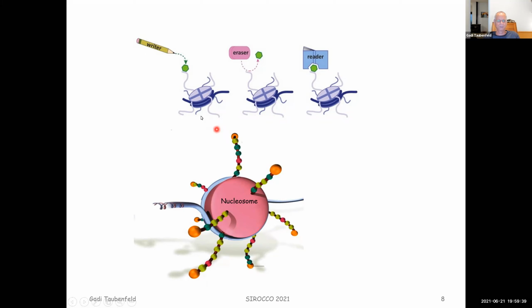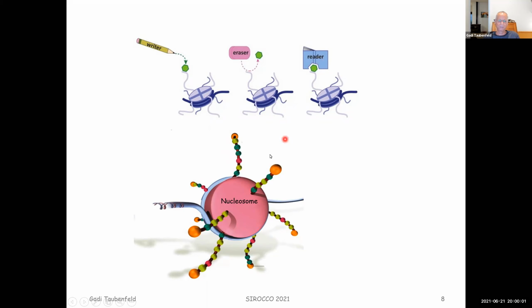And we have three general types of proteins. They are called writers, erasers, and readers. Those are names that are given by biologists. It's not something that we are inventing. Writers can leave marks on the histone tails. Erasers can come and remove marks from the histone tails.